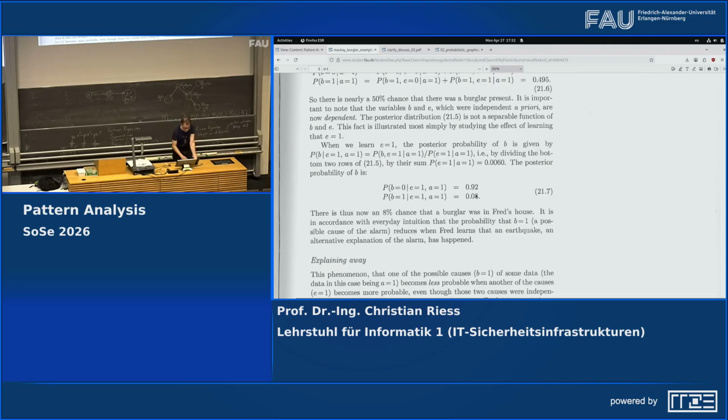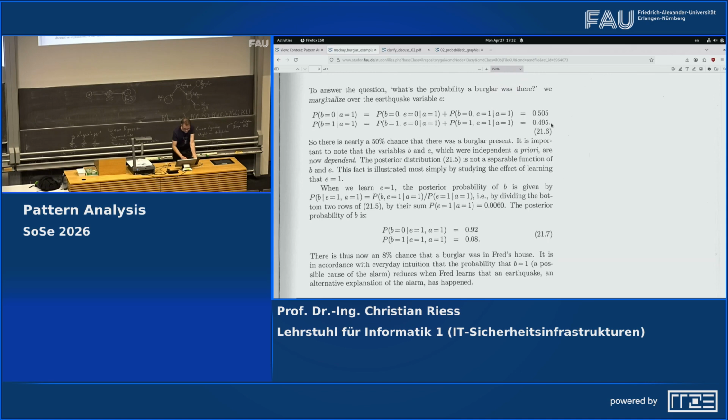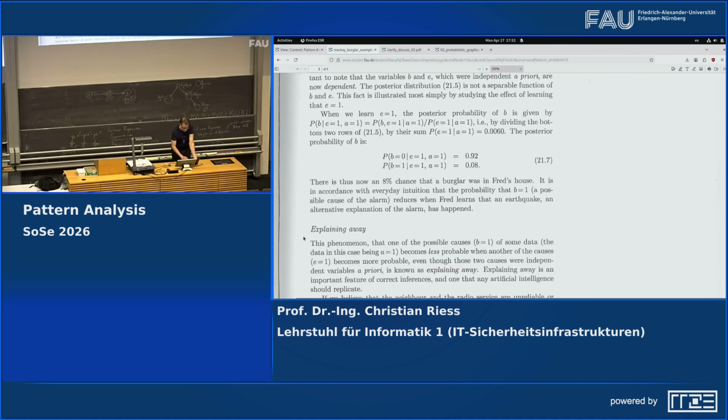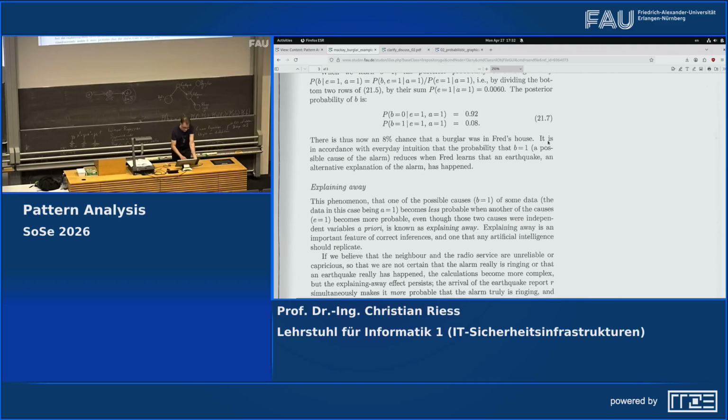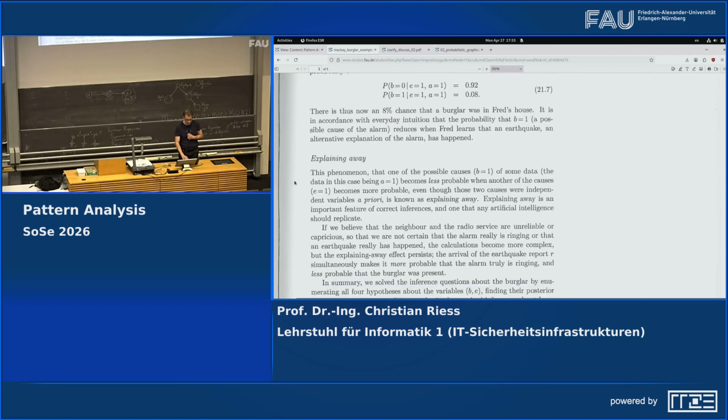It's still an 8% chance, but this is no comparison to the 49.5% chance that we had before. And so MacKay writes, it is in accordance with everyday intuition that the probability that there was a burglar reduces when Fred learns that an earthquake, an alternative explanation of the alarm, has happened.